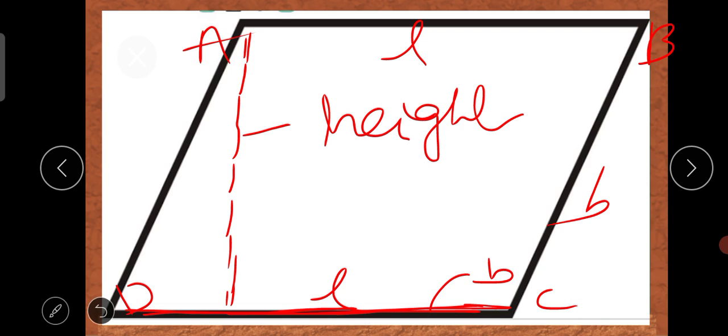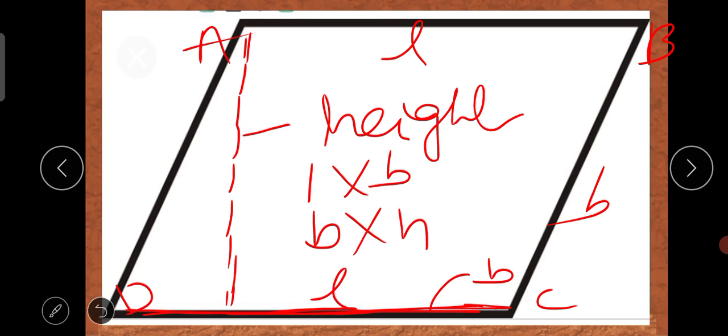So when we find the area of a parallelogram, instead of length multiplied by breadth, we are going to write B multiplied by H. In the rectangle we multiply length by breadth, and in the parallelogram this one is the height and this line is the base. So base is multiplied by height. These two formulas we are going to study in our exercise 11.2.